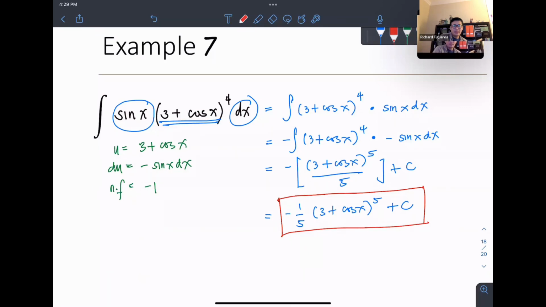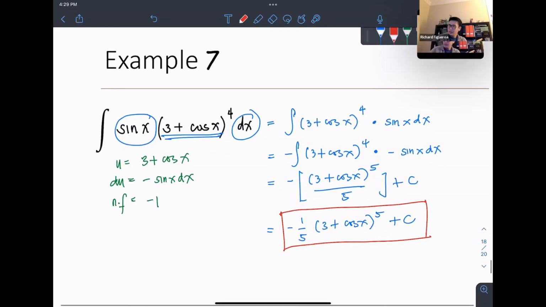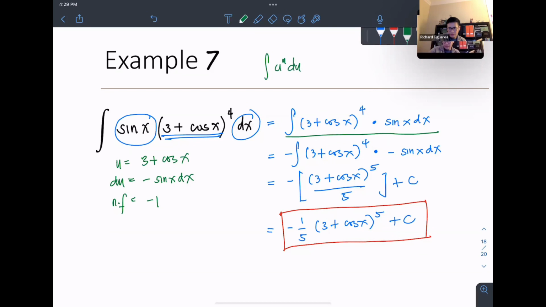Sir, saan po galing yung negative 1? Okay. So, supposedly, ito yung given integrand. Right? Kaya lang, to use our formula for u and du, dapat, pag dinerive ko yung u, ito kasi, ang u ko is 3 plus cosine x.